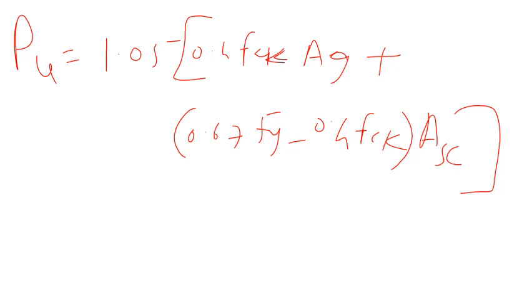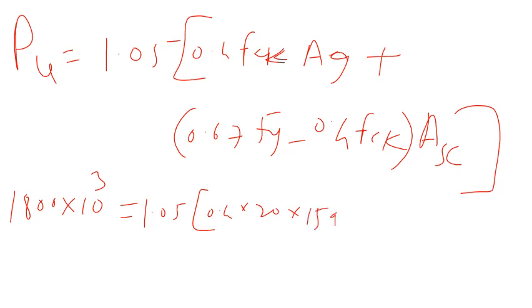So plug in the values. If we plug in the values, it will be like this: Pu 1800 into 10 raised to 3, this is in Newton, right, equals 1.05 into 0.4 fck, which is 20, into Ag, which is 159043. This is the first bracket, plus, into the second bracket, I will write here 0.67 into fy, which is 250, minus 0.4 fck into 20, fck is 20.